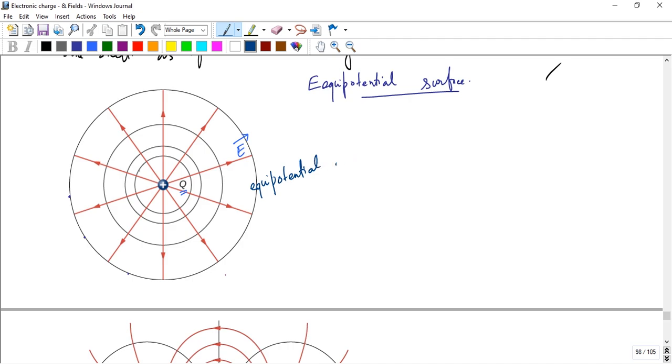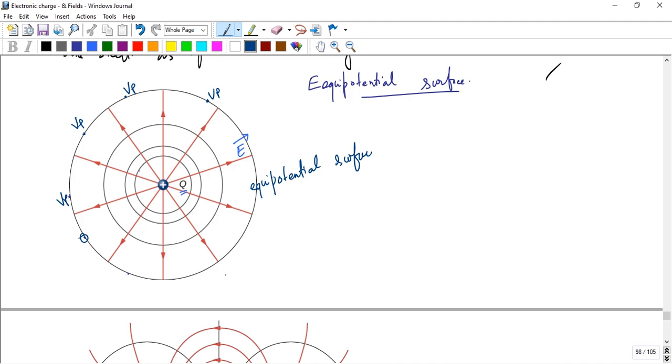Equipotential surface means the potential at point P, VP, and the potential at that other point is also VP, the same actually. Okay, potential at the circumference, if you choose any arbitrary point, the potential value will be the same.